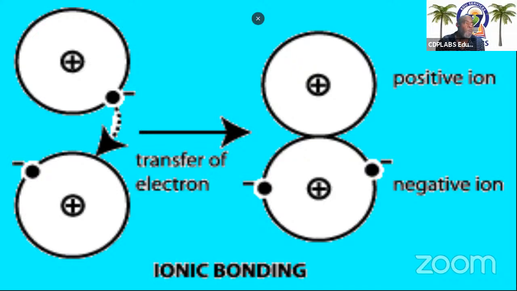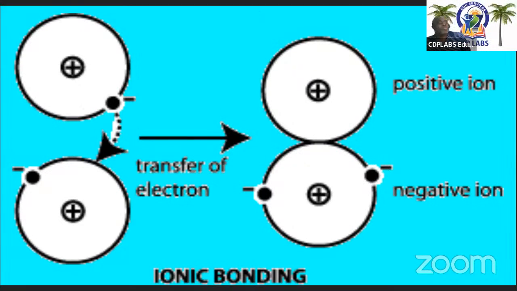Okay. So once an atom gives up an electron, it's going to be considered a positively charged ion. And once one gains an electron, it is going to become a negatively charged ion. All right? And that is ionic bonding in itself. So ionic bonding then is where one atom gives up an electron while the other receives the electron. Simple.